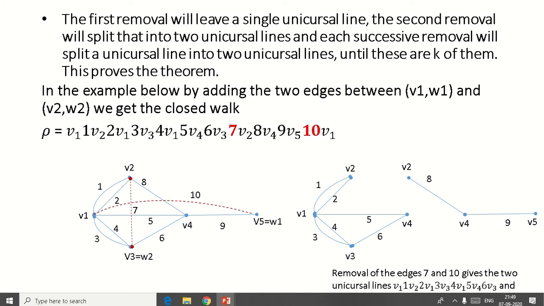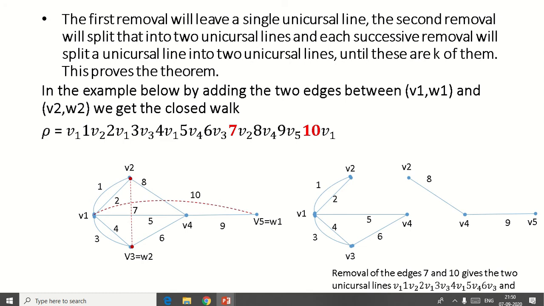Now we add 2 edges, V1 to V5 and V2 to V3. This is the edge from V2 to V3, where V3 is renamed as W2, and V1 to V5, where V5 is renamed as W1. Now the degree of each vertex in this graph is even.